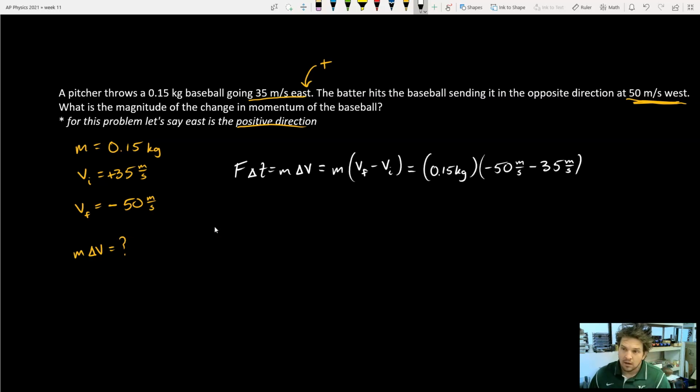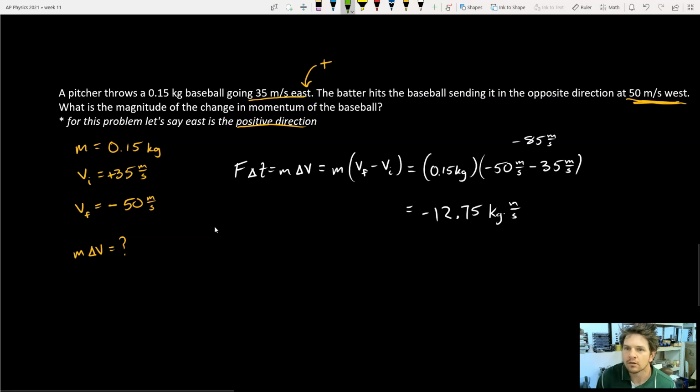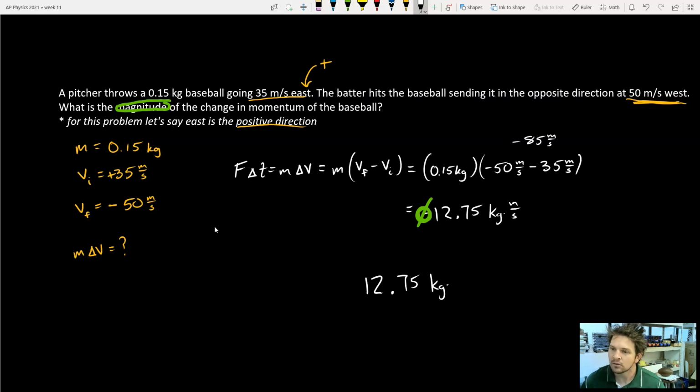And now this whole thing turns into negative 85, and that would be negative 12.75 kilogram meters per second. Now, one other thing, this says magnitude, right? Magnitude means we don't care about the direction. So the negative can go away. So our final answer would just be 12.75 kilogram meters per second.